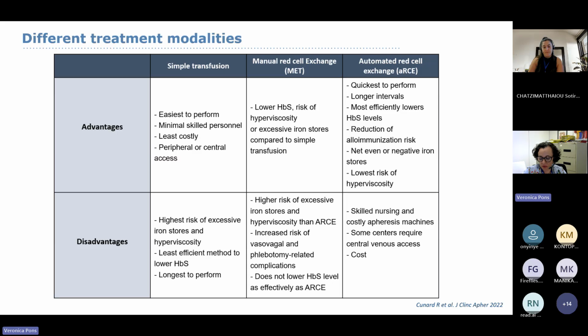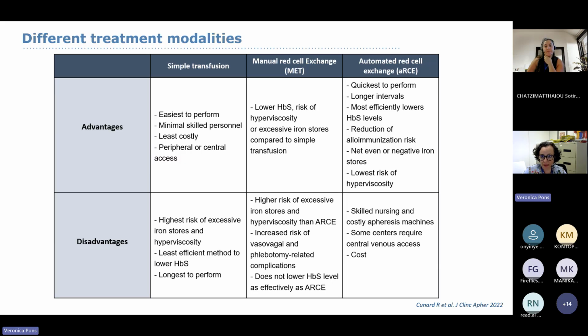However, it increases the risk of hyperviscosity and also iron deposition. And it's also not very efficient at lowering hemoglobin S. So manual red cell exchange is less effective than the automated modality at lowering hemoglobin S, and does not eliminate the risk of hyperviscosity and increased iron deposition.